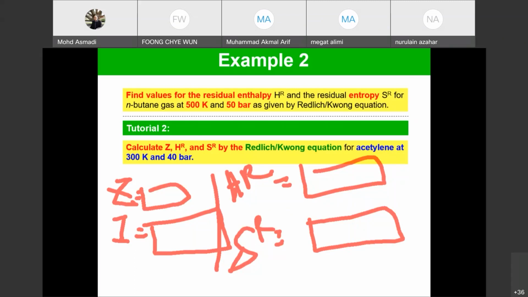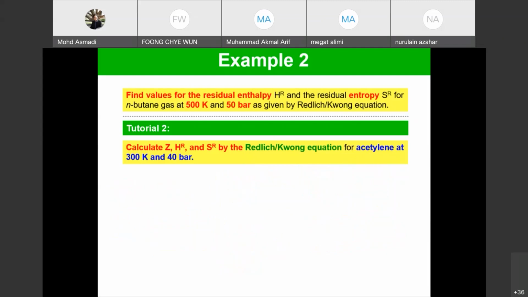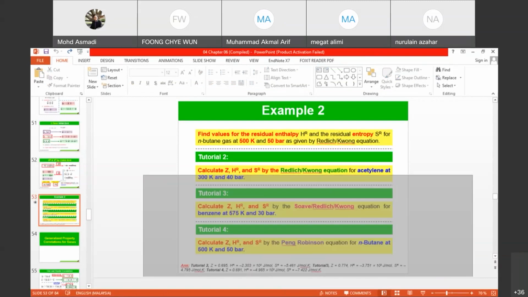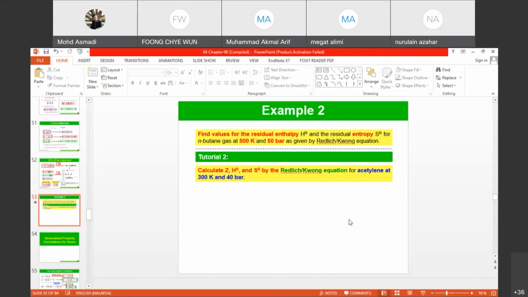Similarly, by using Redlich Kwong, okay? Okay, please calculate.